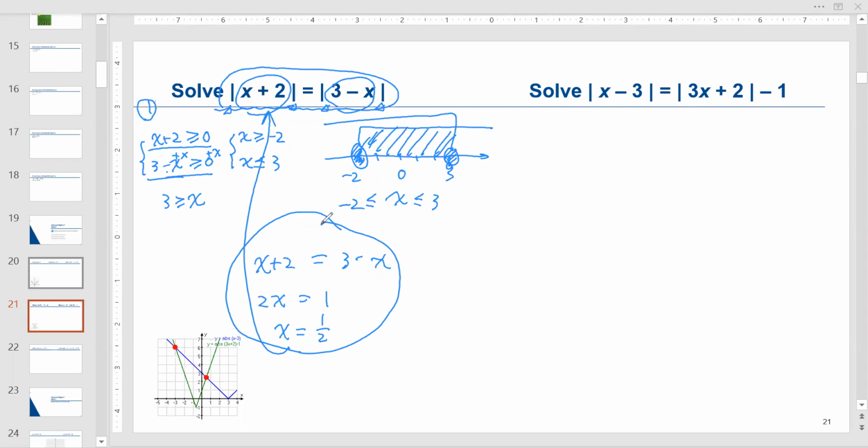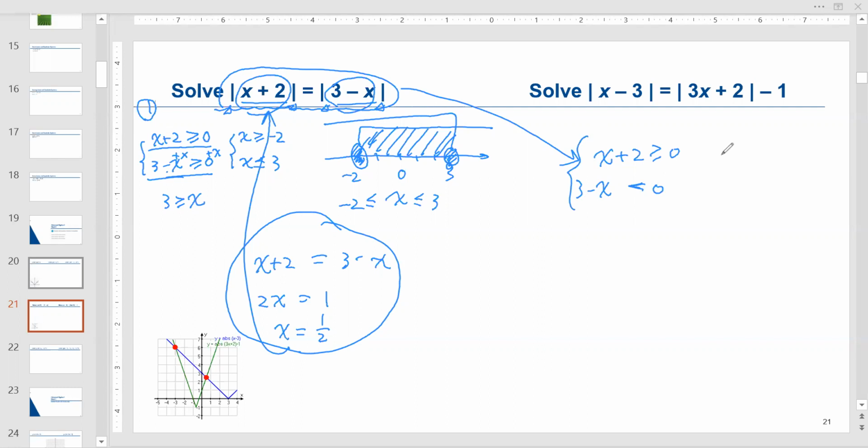So what possible other answers are there? Maybe we need to find out. Let's find out, okay? So this is the first situation. What about when this one is positive and this one is negative? We need to say when x plus 2 is greater than or equal to 0, but the right part is negative, when 3 minus x is less than 0.